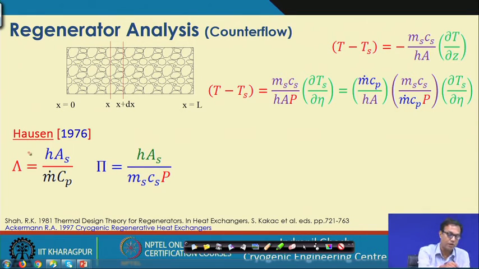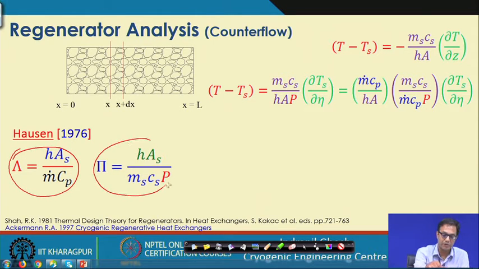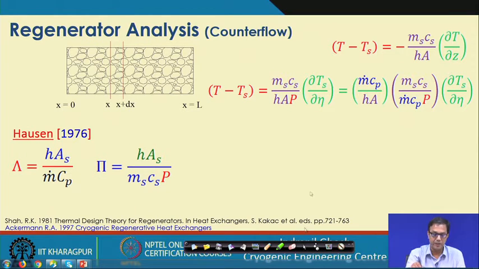You can correlate these with the NTU, but basically they are called lambda and pi, and this has been done by Hausen, and this analysis is known as the lambda pi method.